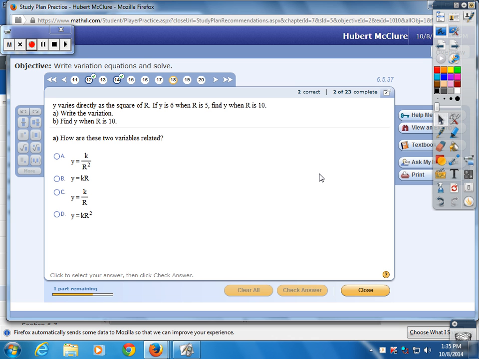R squared, or something squared. Find the variation and find Y when R is equal to 10. Find the variation. Did it say find the solution or did it say find the equation? The equation. That's what variation is, the equation.